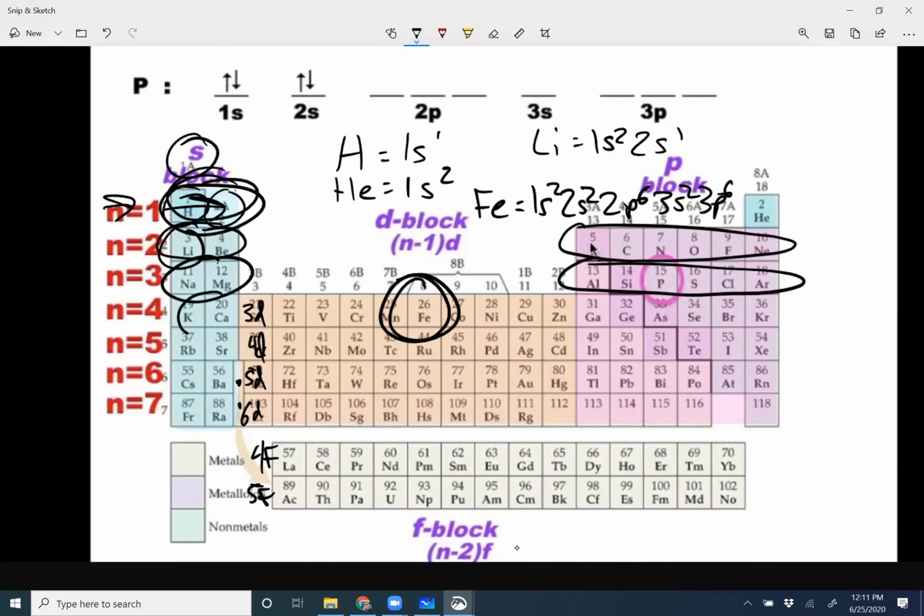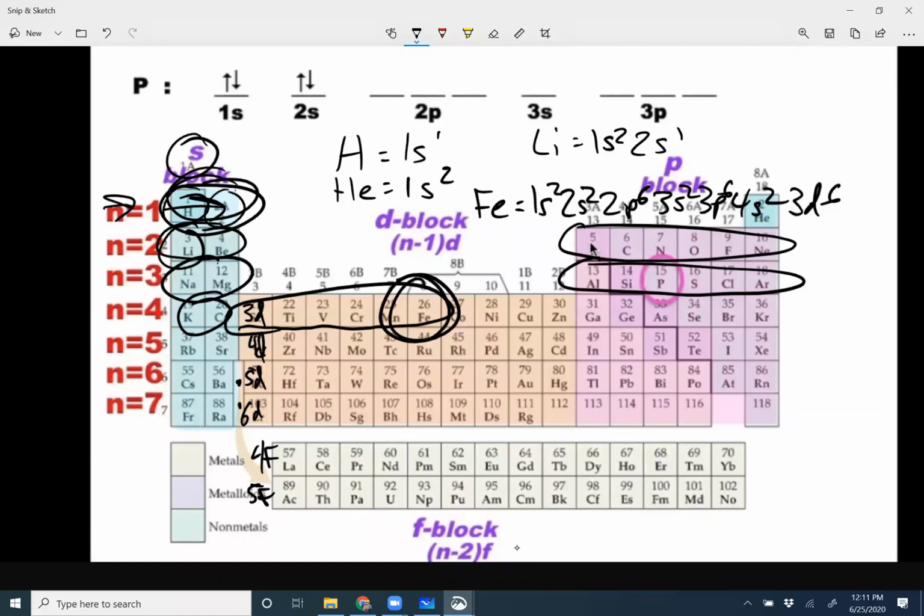And then we can do 4s2. And then we're going to go through 3d, but we're only going to go through 6 of them. So we go 3d6. And so this is how you can use the periodic table to write electron configurations.